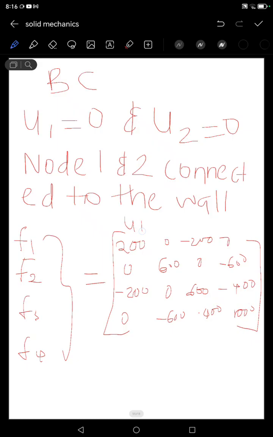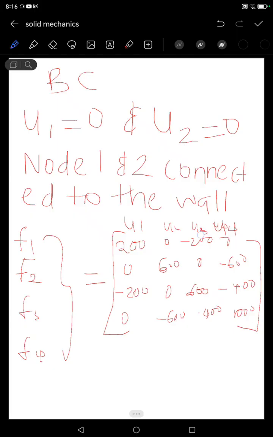Remember we have u1, u2, u3, and u4. Our u1 and u2 are equal to 0.